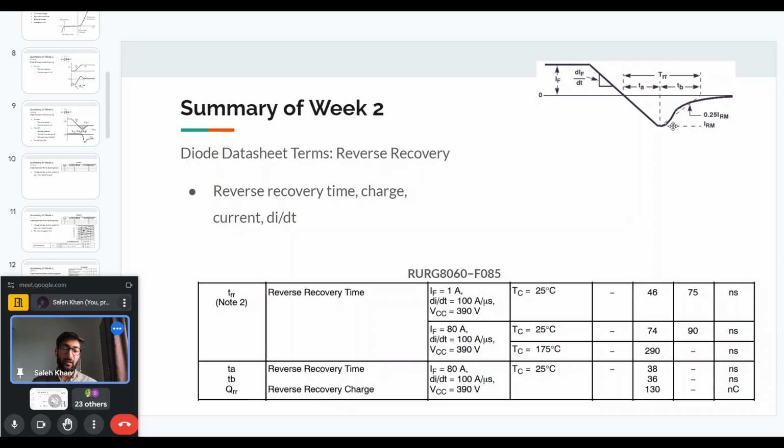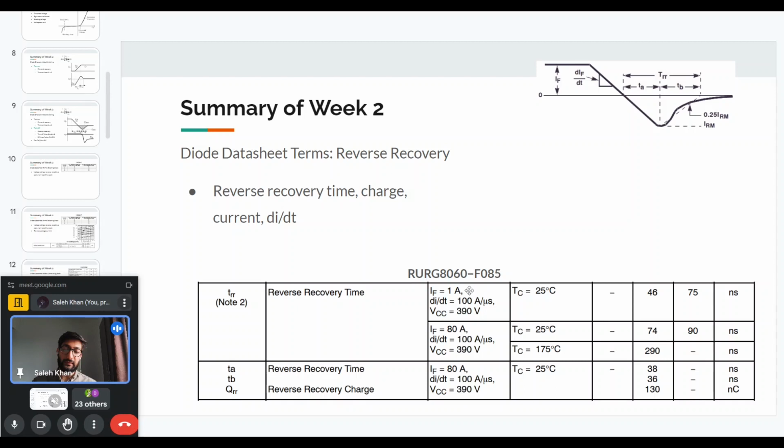So if the IF current is small, then the reverse recovery time will also be small. But as the current increases, so it goes from 1 ampere to 80 amperes, then the time it takes for the reverse recovery also increases. And the time also increases based on the temperature. So as the temperature increases, you can see the reverse recovery time increases by around 4 times.